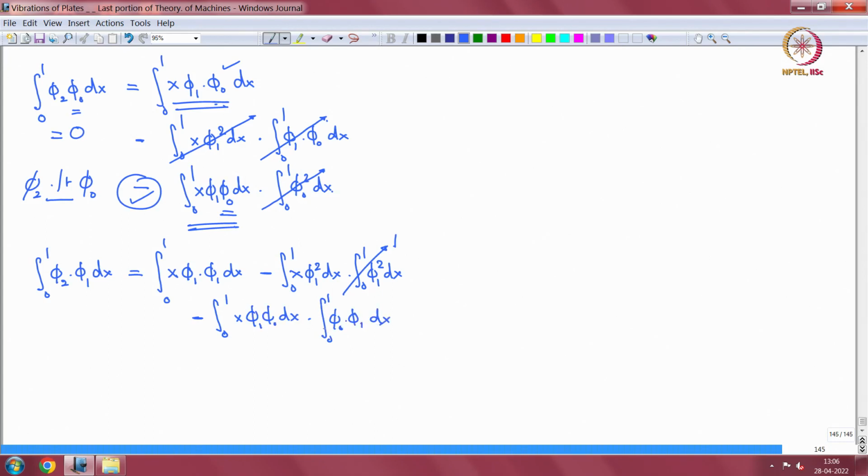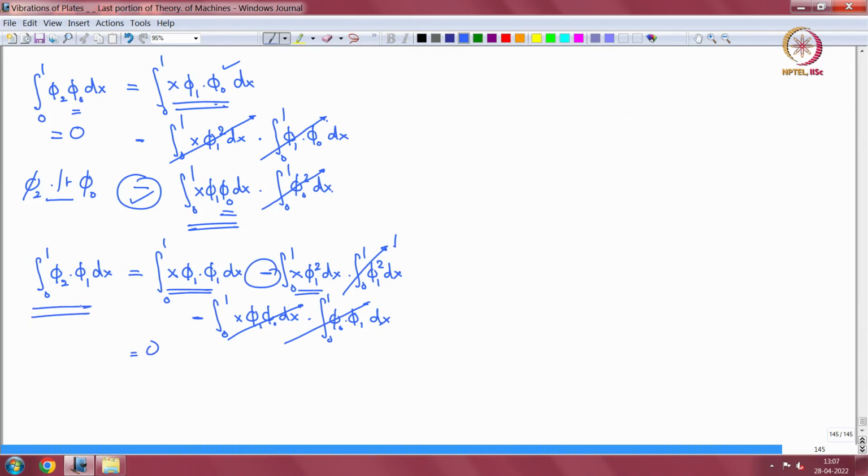Now phi 0 phi 1 are orthogonal, so this term goes to 0. Now what do I have left? I have x phi 1 square and x phi 1 square with a minus, so this term is 0. So phi 2 and phi 1 are orthogonal.